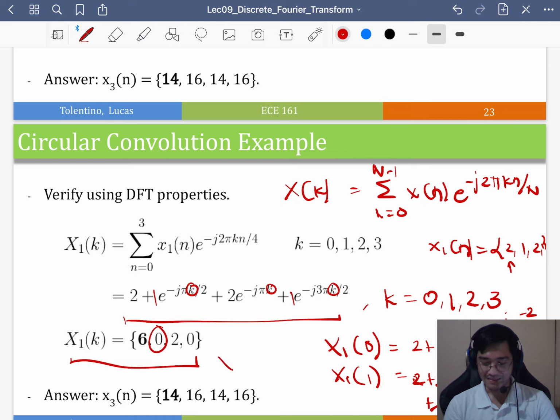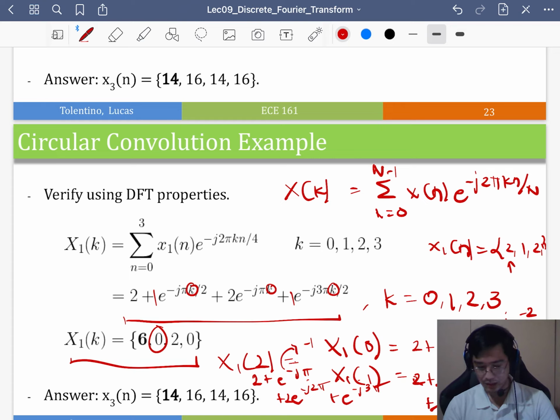How about x1 of 2? For completion, let's just try the others. 2 plus e to the minus j pi, plus 2 e to the minus j 2 pi plus e to the minus j 3 pi. So 2 plus negative 1, plus 2 times 1.